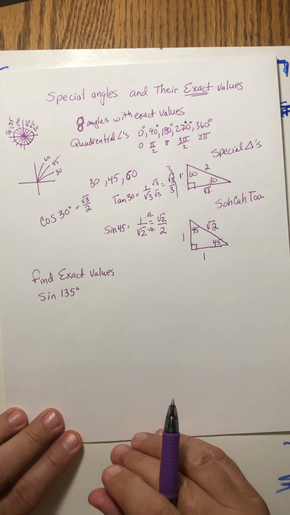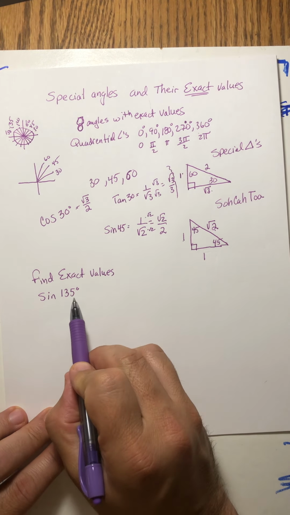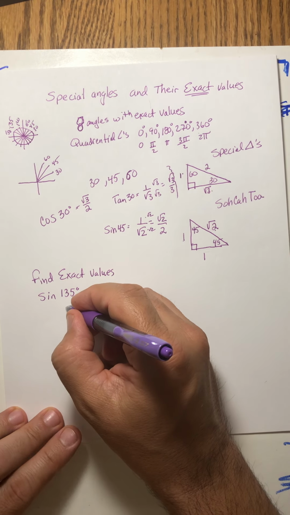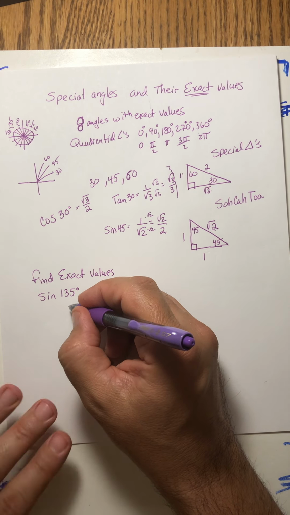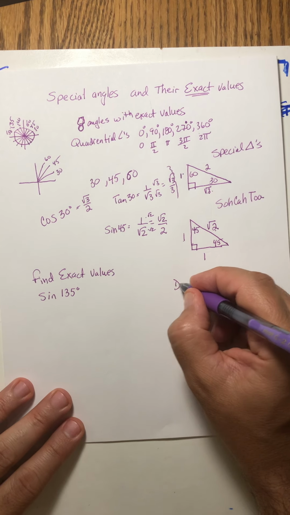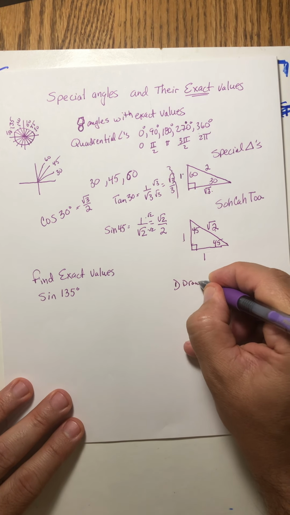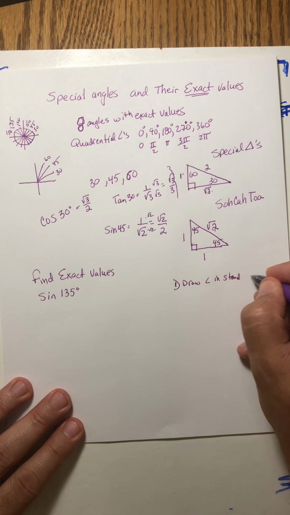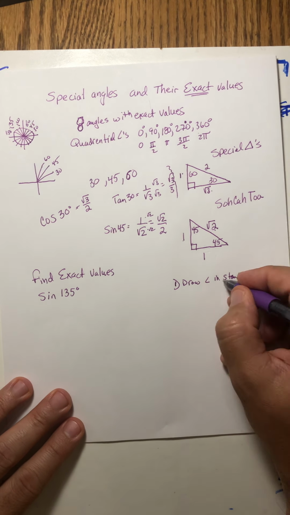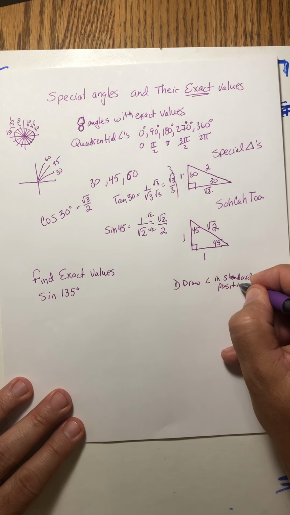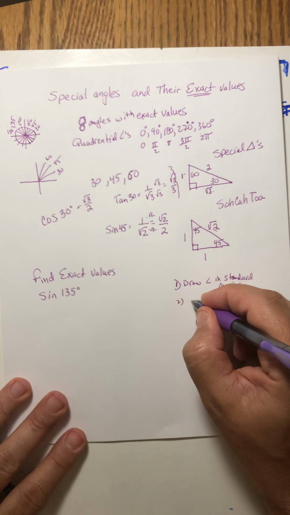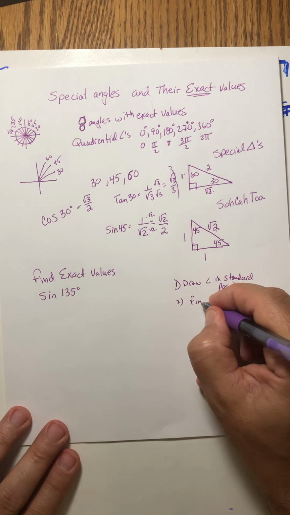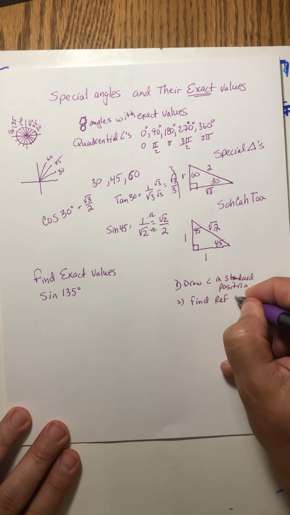All right, so first of all, what do we have to do? We need to find the reference angle. So I'm going to start by, 1, drawing the angle in standard position. 2, find the reference angle.